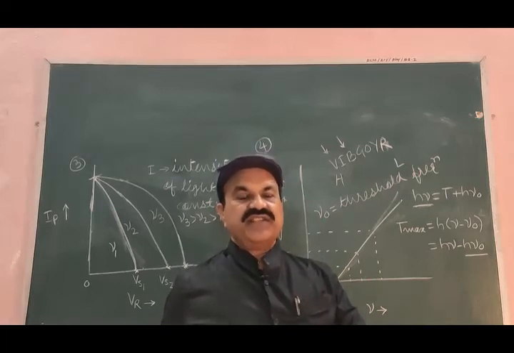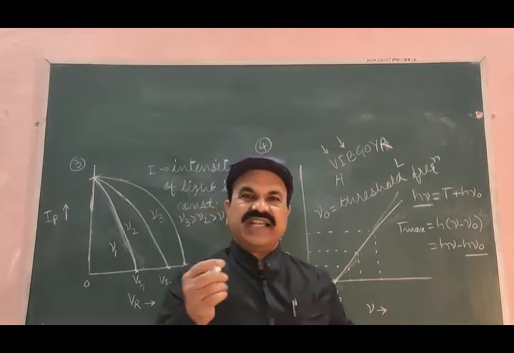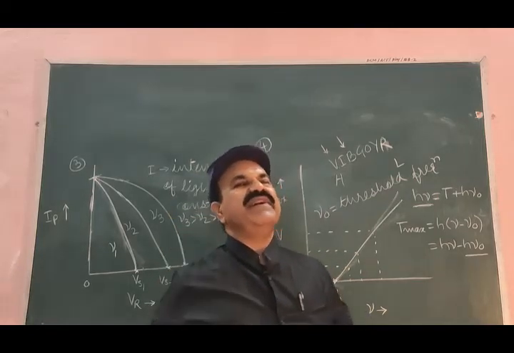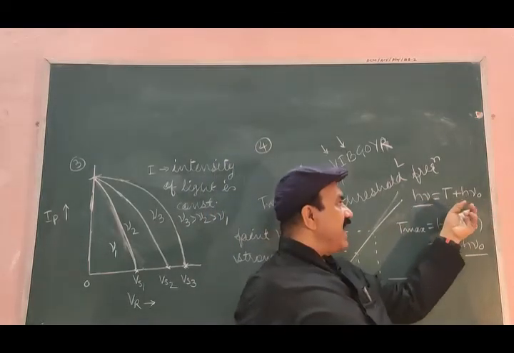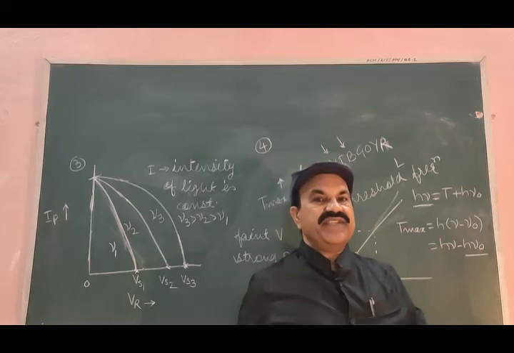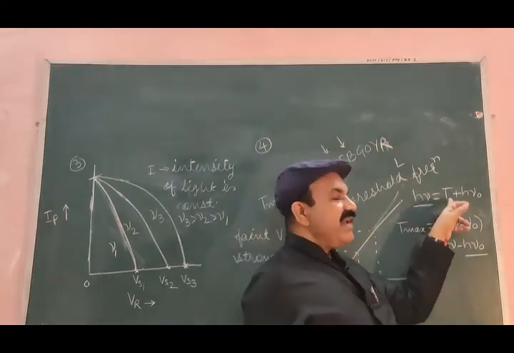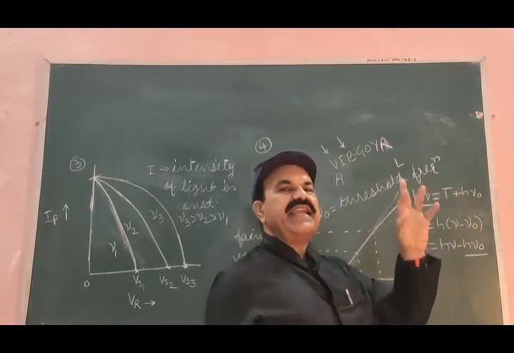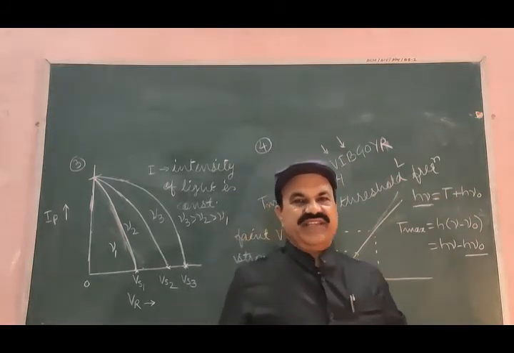Work function is the minimum amount of energy needed to emit an electron from the metal surface. So h nu 0, part of h nu, is utilized in releasing the electron from the metal, and the remaining part T is carried by the photoelectron as kinetic energy.